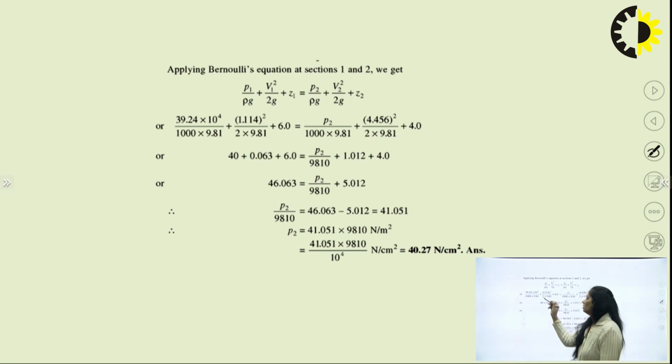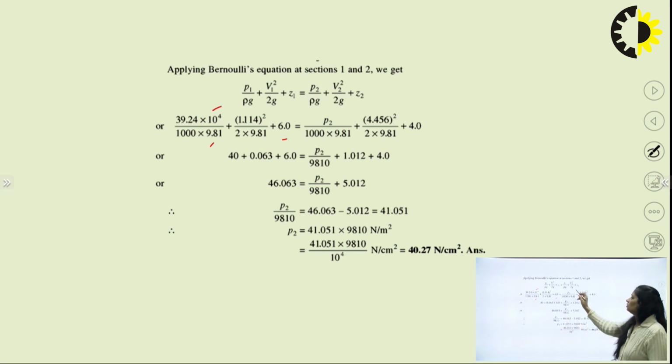You know very well what P1 by rho g is. So put in this equation V1, which is 1.114, square by 2g, and Z1 is also known to you. In the same equation P2 is the question mark. Rho g you know, V2 you know, 2g you know, Z2 you know very well.